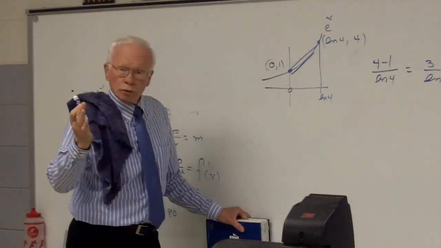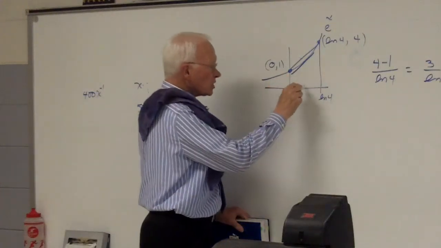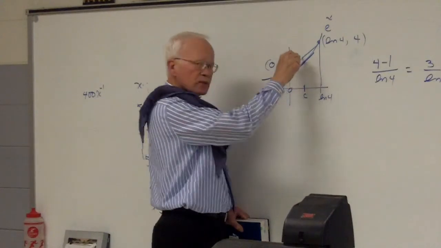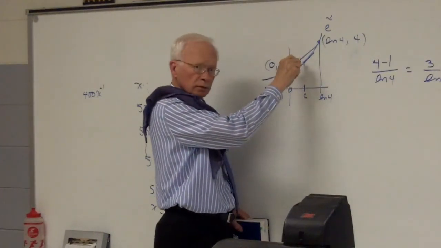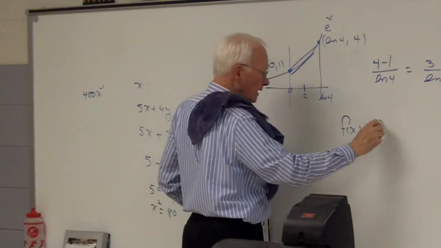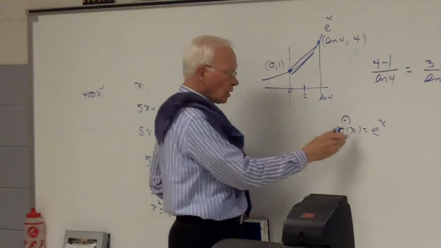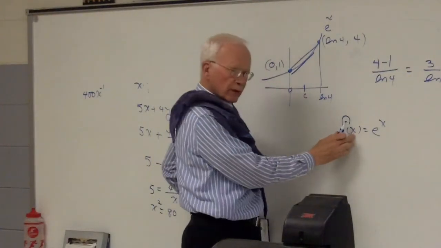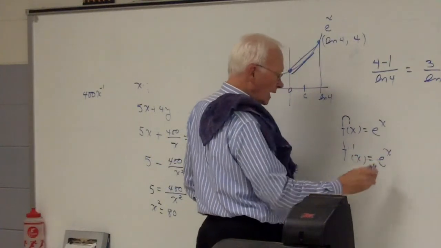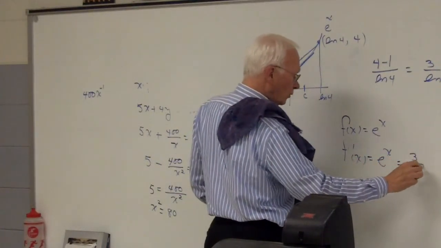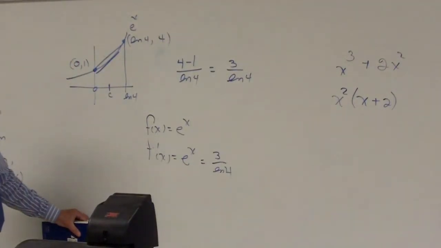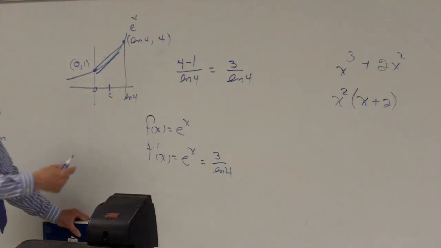Now look what we have to do. I have to find this point right down here. This is the c point where this slope is the same as the slope of my curve. Here's my function, f of x equals e to the x, and I want to find what the derivative is. E to the x. That's a little confusing, or it makes it very easy. I want to see where this is equal to 3 over ln of 4, and find out where x is.